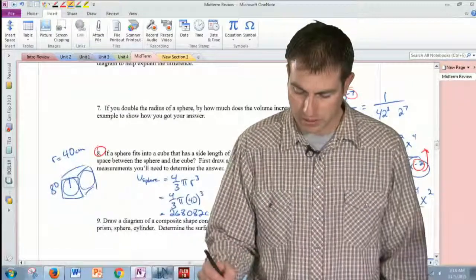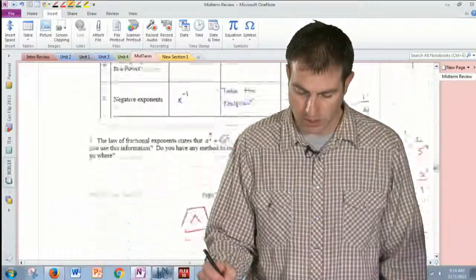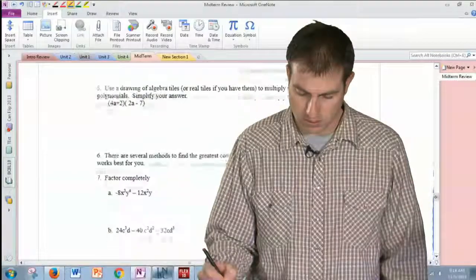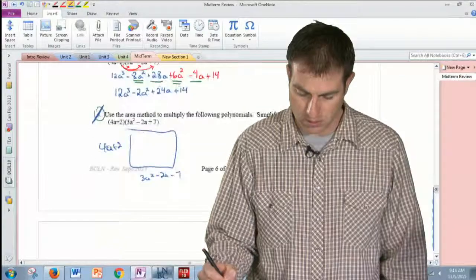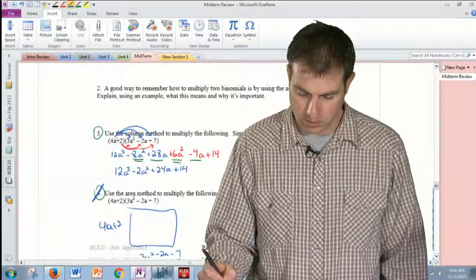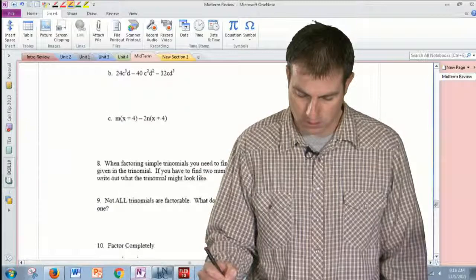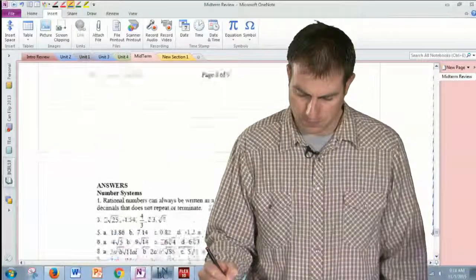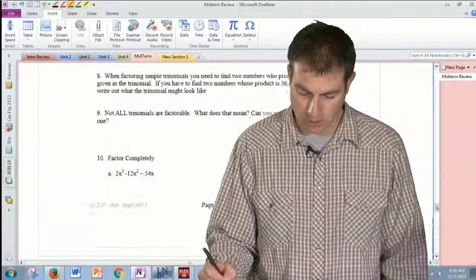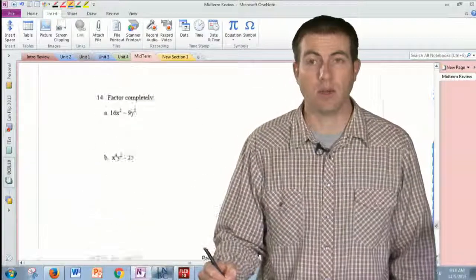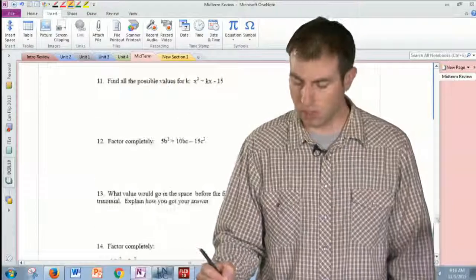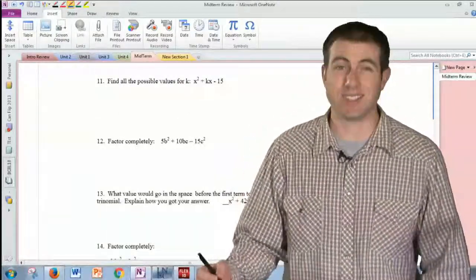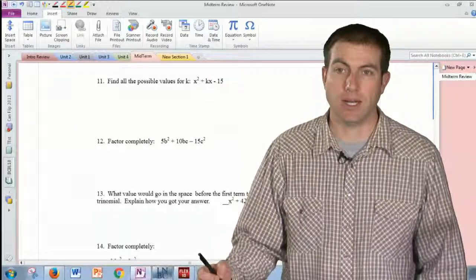We haven't done any factoring stuff yet, and we won't get to that until later. The last 2 pages, page 7 and 8, are both factoring pages, and we won't have that on the midterm. So we're doing pages 1 to 6 for midterm review.